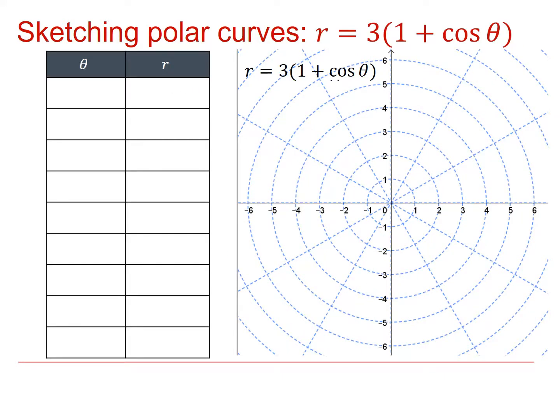So let's look at this. We've got just a single cos theta in there, and so I'm going to look at key angles to start with. Every quadrant as I go around, every 90 degrees or pi by 2 radians.